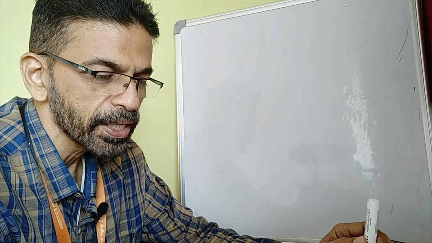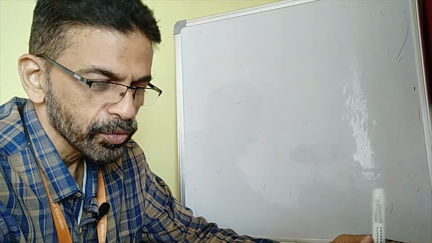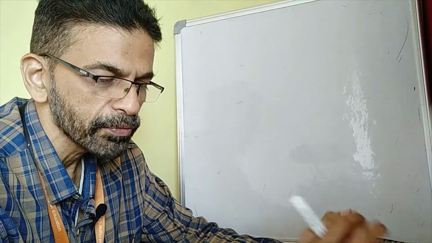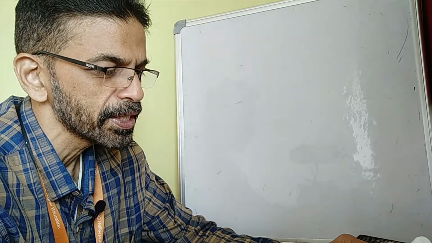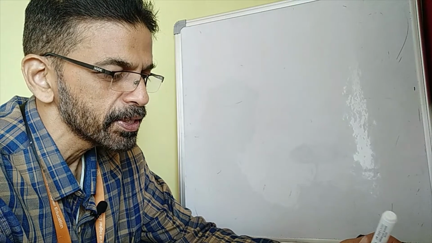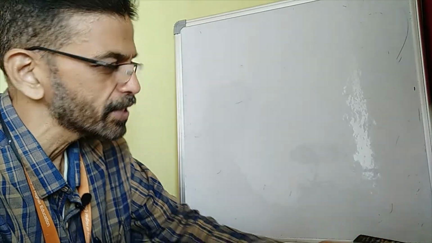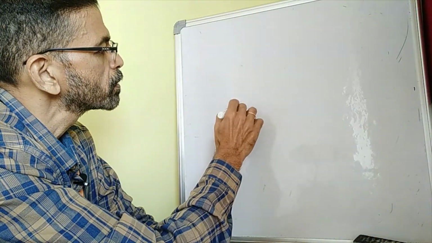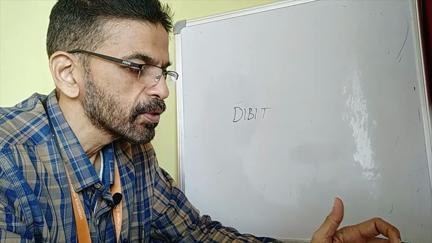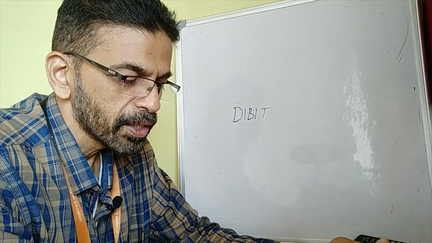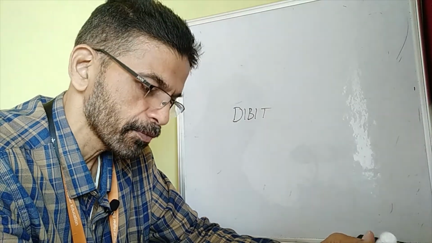These 4 symbols are made up by combining 2 bits: 00, 01, 10 and 11. So this example will give us an idea how to map the group of 2 bits, which we will hereafter call a dibit, onto the symbols, and we will understand this through the discussion which I am going to present in the form of an example.